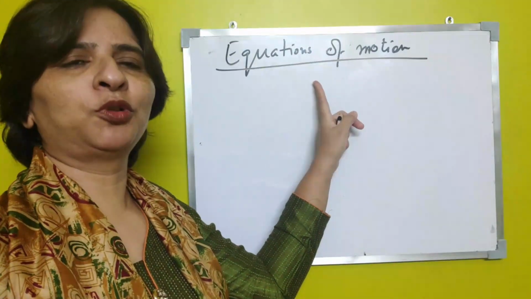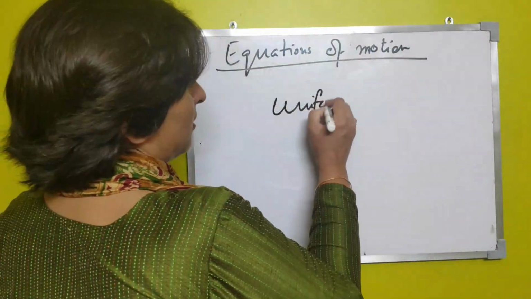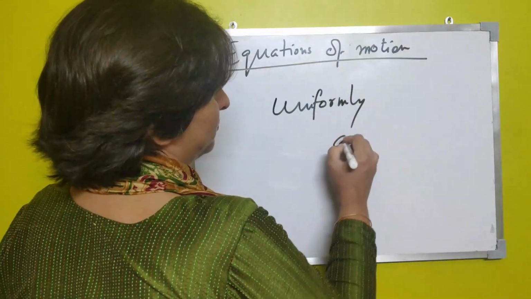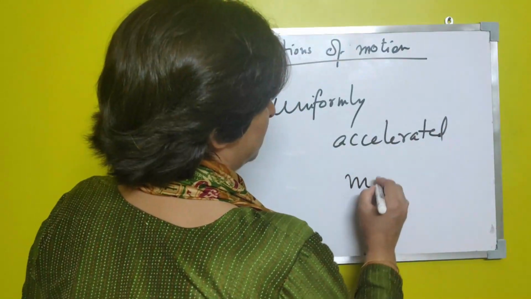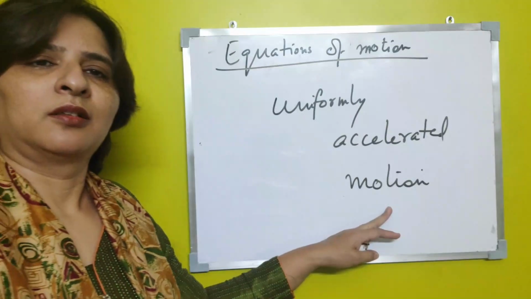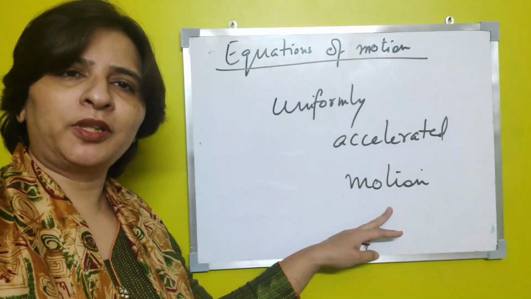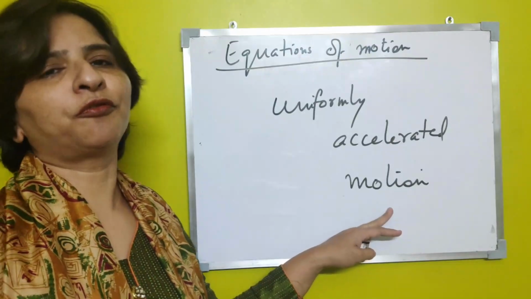Remember, equations of motion are valid for uniformly accelerated motion. That means the object must be experiencing the change in velocity at a uniform rate.